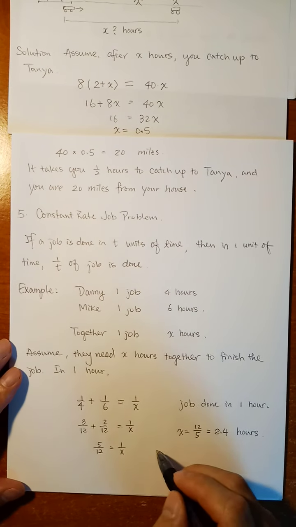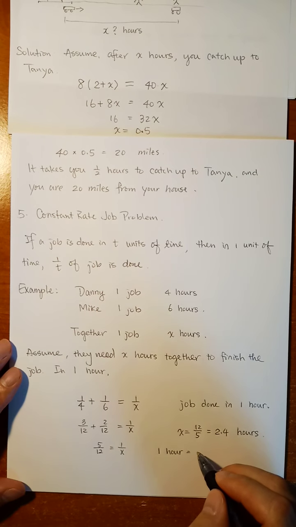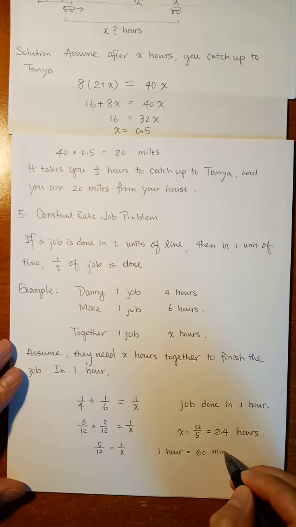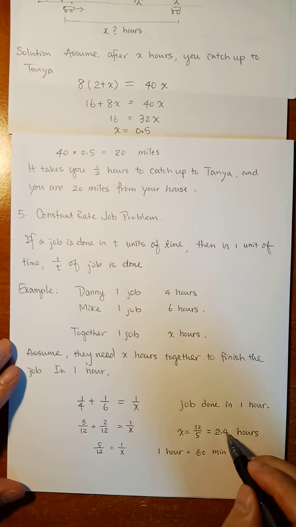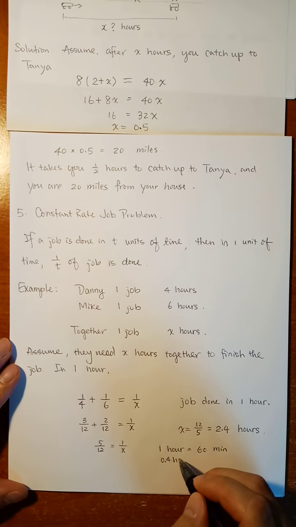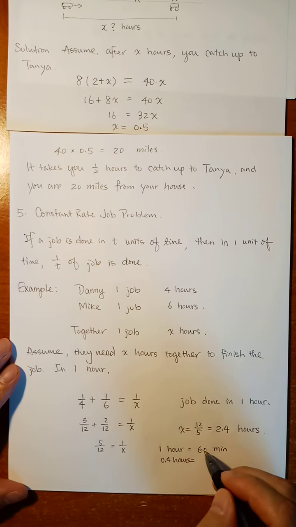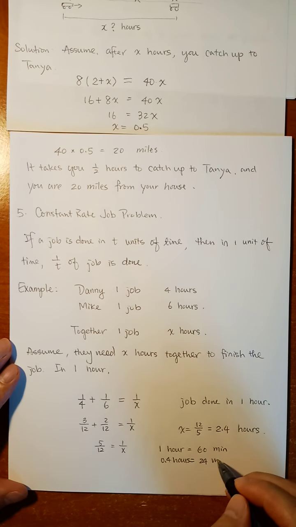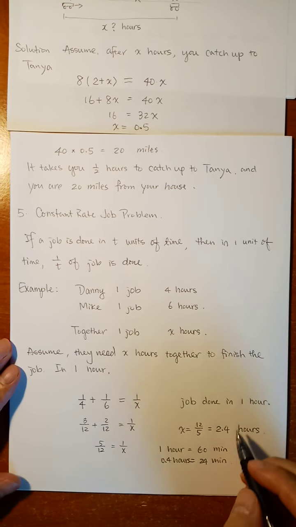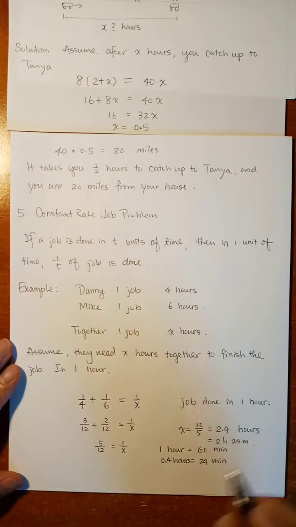What is 2.4 hours? 1 hour is 60 minutes. 2 hours, we know what it is. The only problem is 0.4 hours, which will be 0.4 times 60, 24 minutes. So this is 2 hours, 24 minutes.